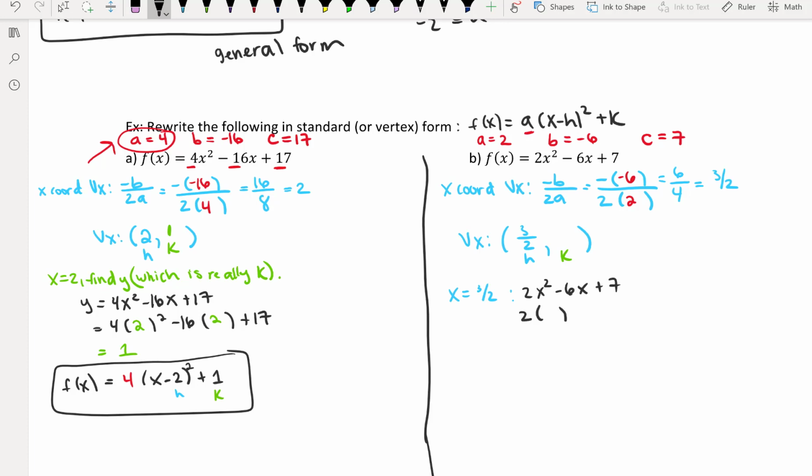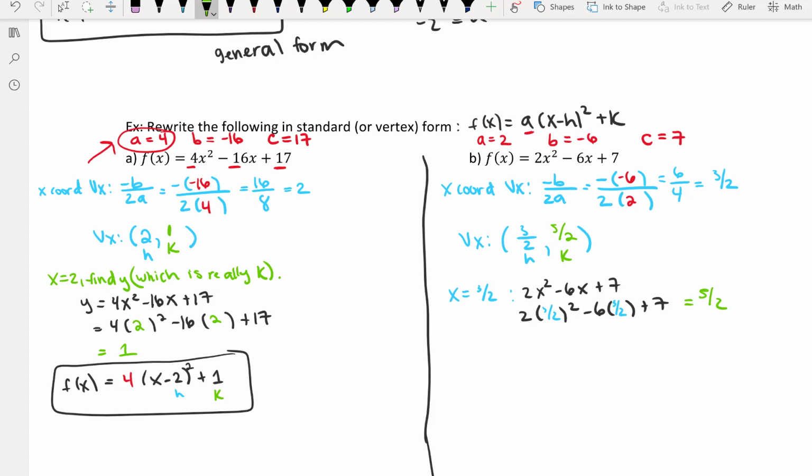So 2 parentheses squared minus 6 times parentheses plus 7. So what I'm plugging in is my 3/2. And what I get out is a positive 5/2. So my k value is equal to a positive 5/2.